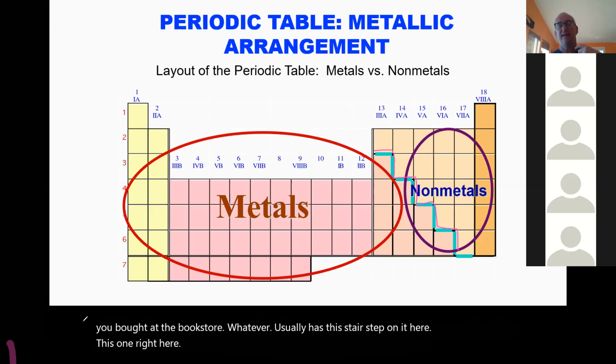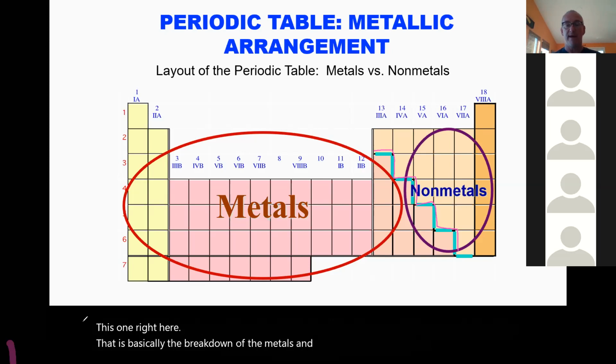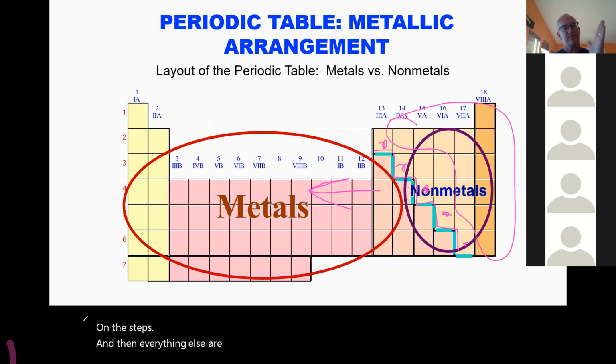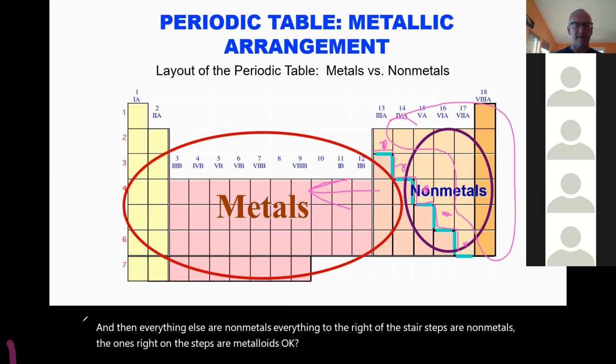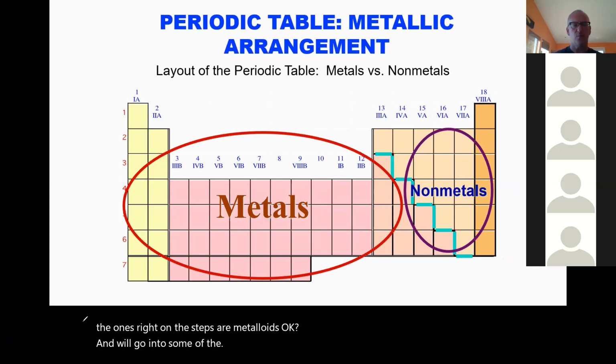That is basically the breakdown of the metals and the non-metals. So all metals on this side, metalloids on the steps, and then everything else are non-metals. Everything to the right of the stair steps are non-metals. The ones right on the steps are metalloids, okay? And we'll go into some of the ways that metals and non-metals are similar to each other.